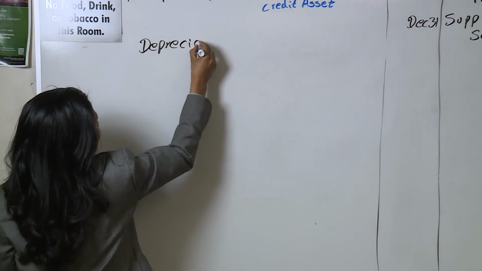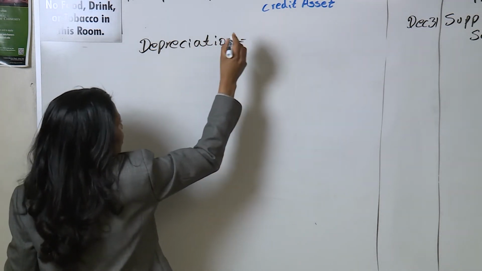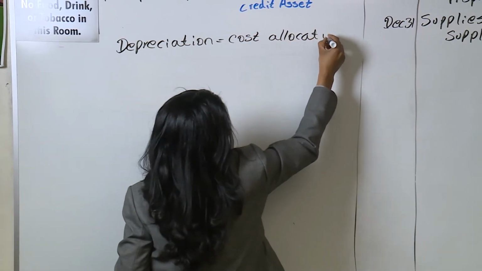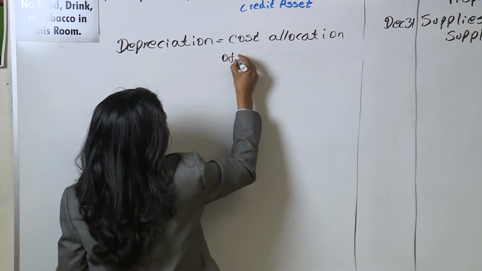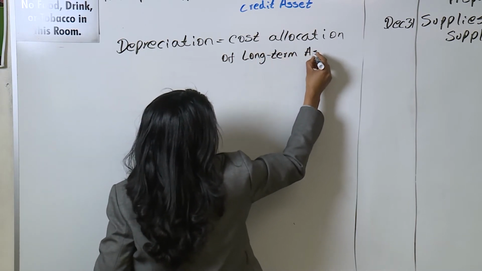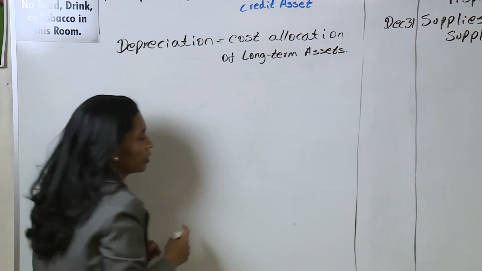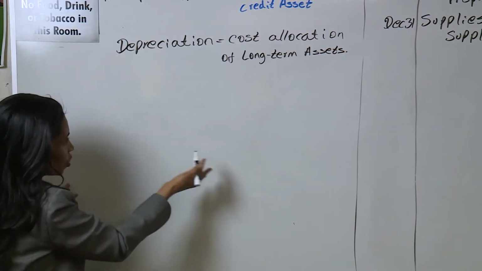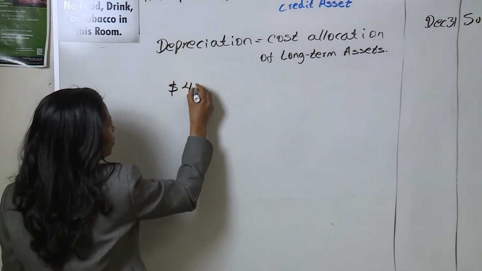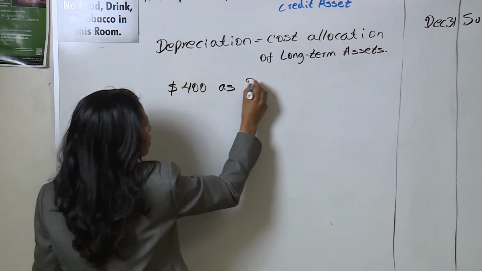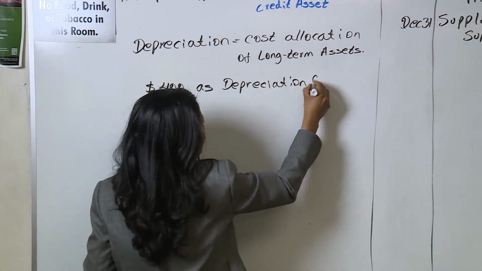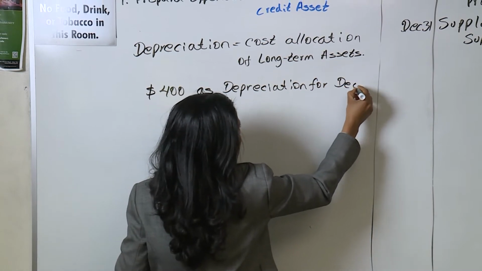That is about supplies. And the last prepaid amount we have is about depreciation. Now, depreciation by definition is cost allocation of long-term assets. We'll learn more detail about long-term assets, but for this question, we're given $400 as depreciation for December.